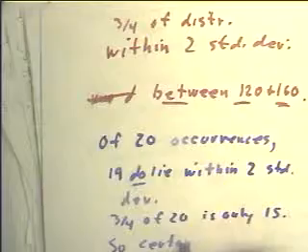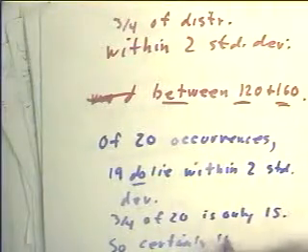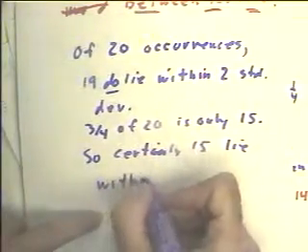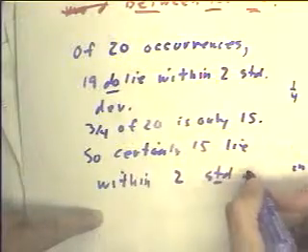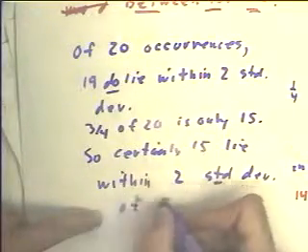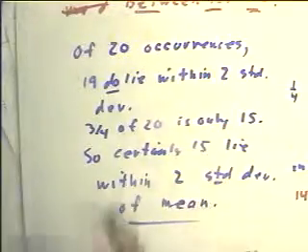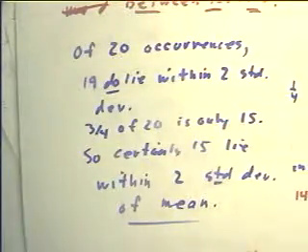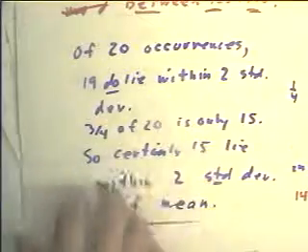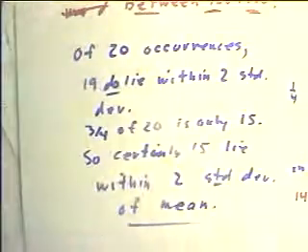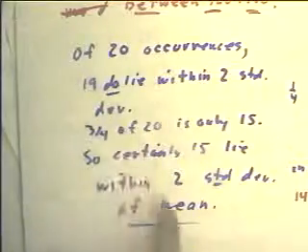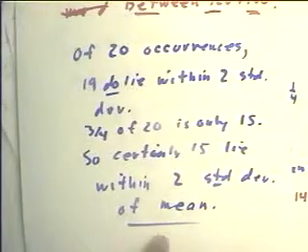So certainly 15 lie within 2 standard deviations of the mean. And we can use any other number. If we used 1.5, 1.5 standard deviations would be 15. We'd look at the numbers between 125 and 155, and we could calculate the fraction by substituting k equals 1.5. Check your text, look at the examples, and refer back to this one if you need to see what that theorem means.